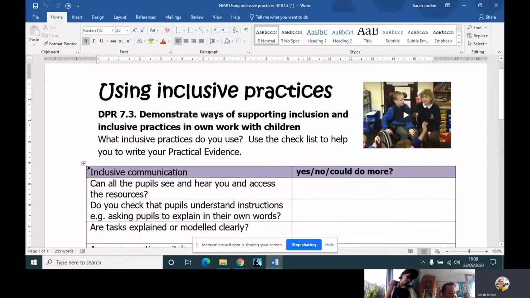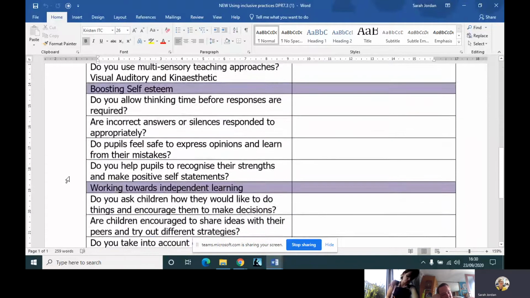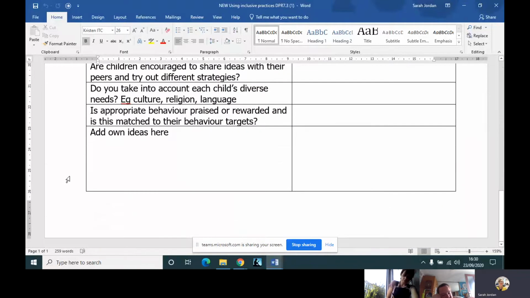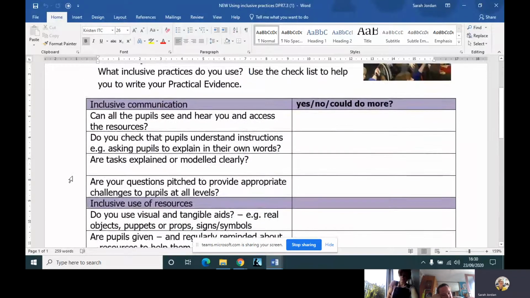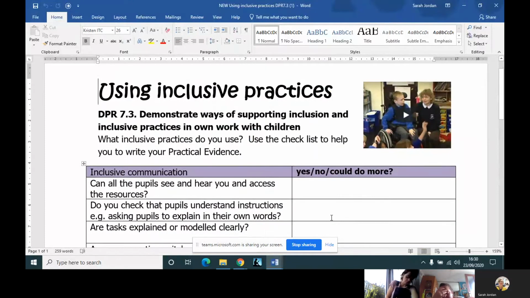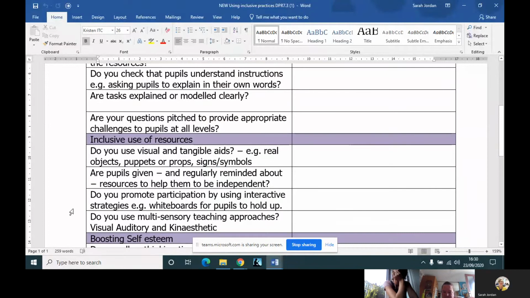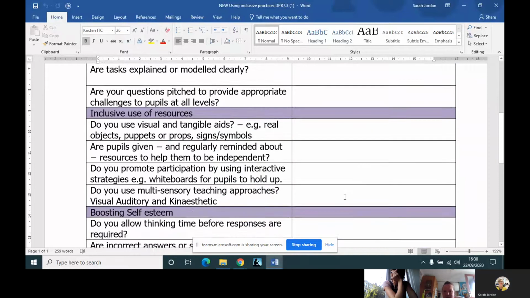So if we've got some diary entries that cover that, can we use that as evidence? Yes, you can. So say if you participated in a lesson and you've put for differential learning, we've used puppets or props or signs and symbols to make sure that all children over certain spectrums are covered.